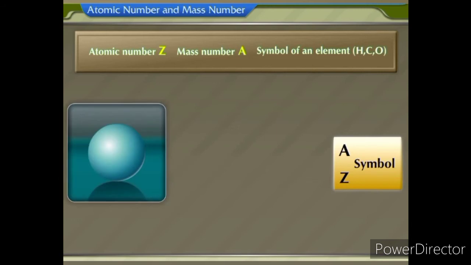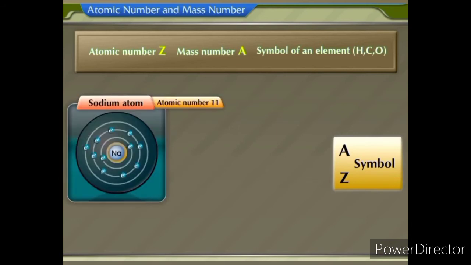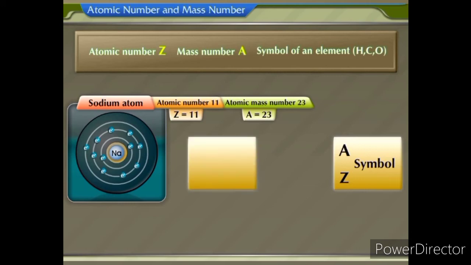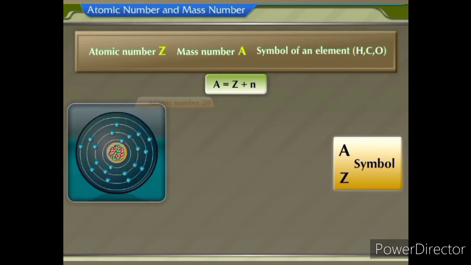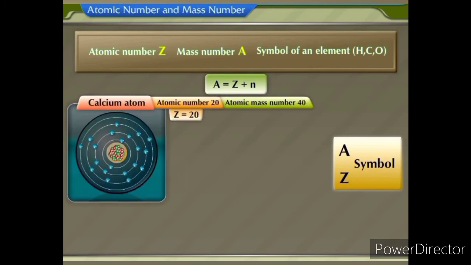For example, sodium has atomic number 11 and atomic mass number is 23. Therefore, it is represented as Na with superscript 23 and subscript 11. Let us take another example. The atomic number of calcium is 20 and its atomic mass number is 40.